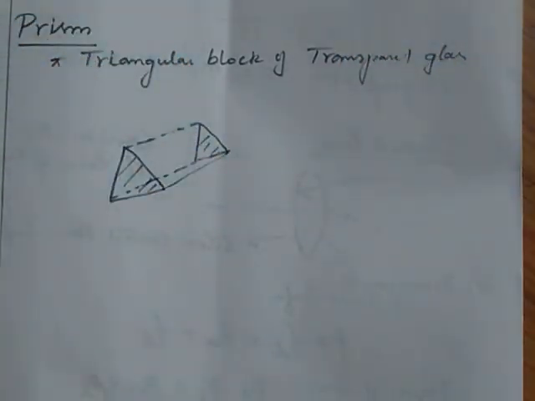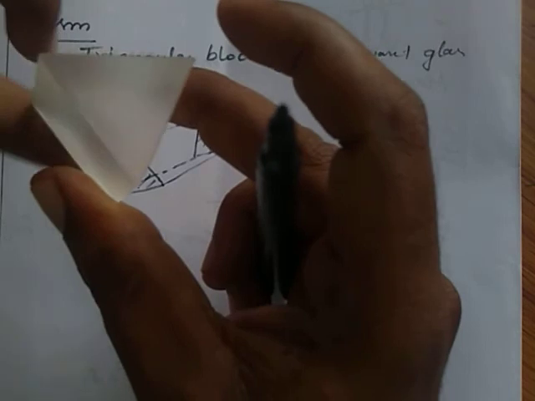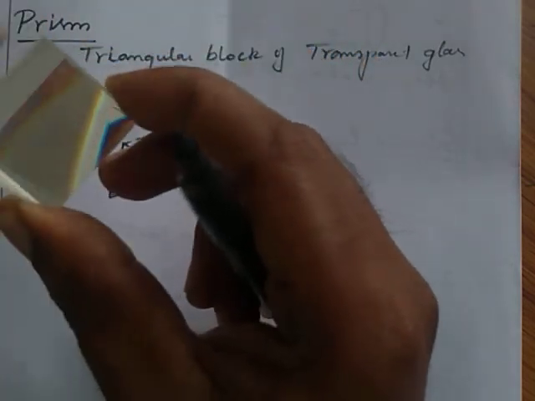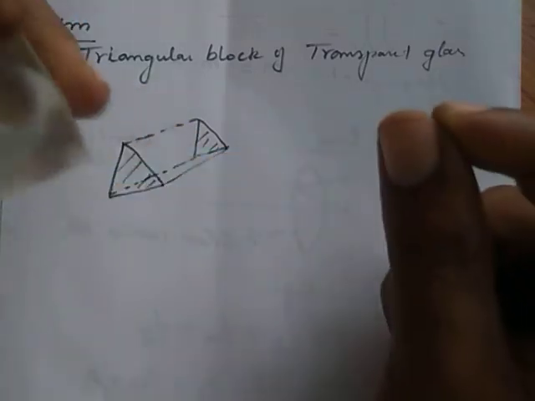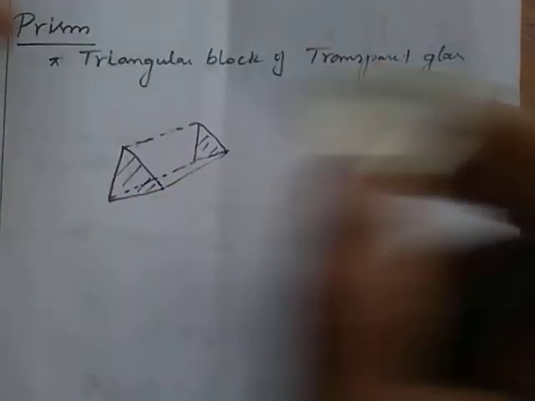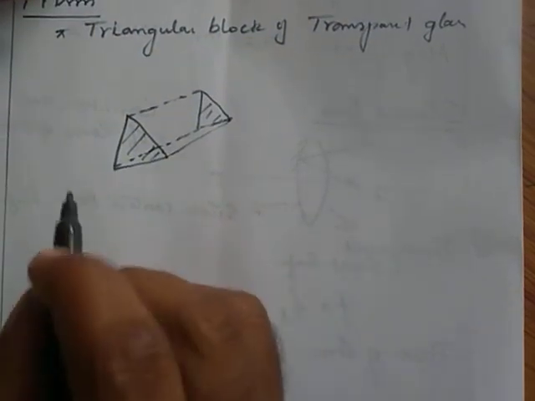The rough surface is the base of the prism. Here it consists of 3 plane faces.